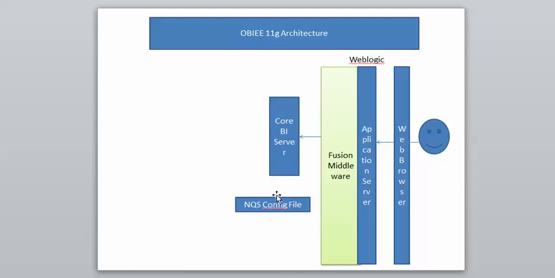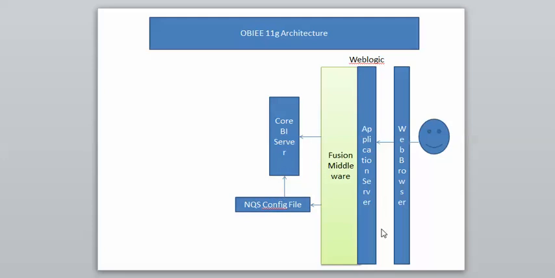Whether to build a cache or not, all those things will be defined in the NQS config file. And this NQS config file will be managed by Fusion middleware. In 10G we used to do it manually, but in 11G this is now done through Fusion middleware.